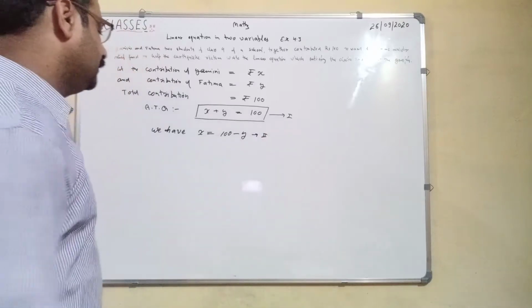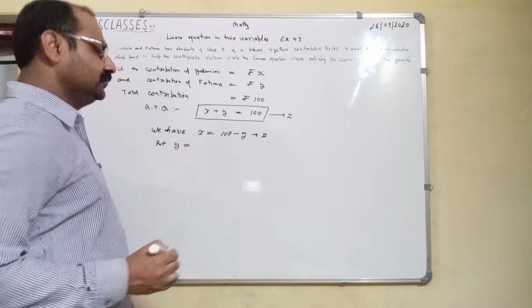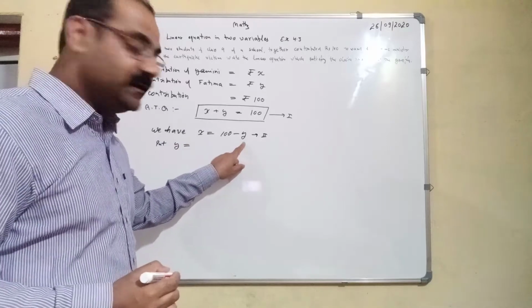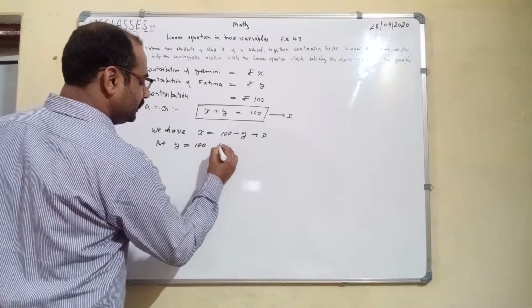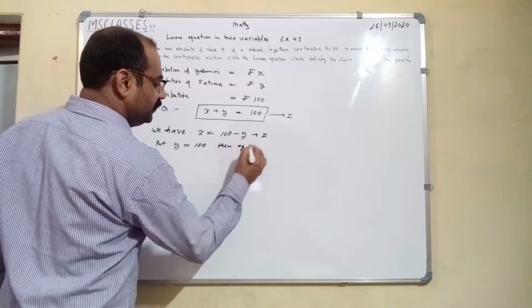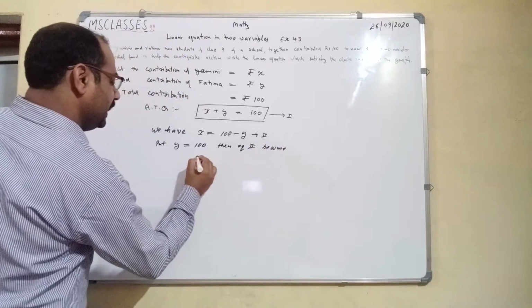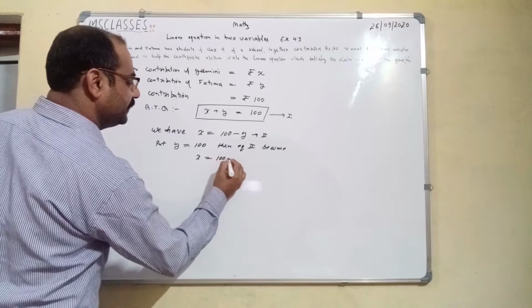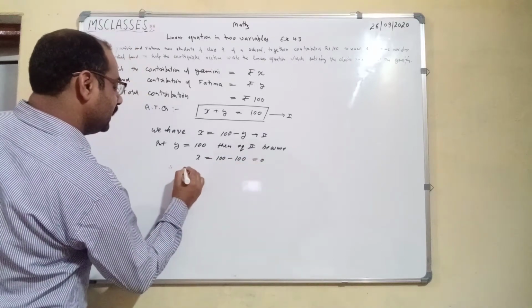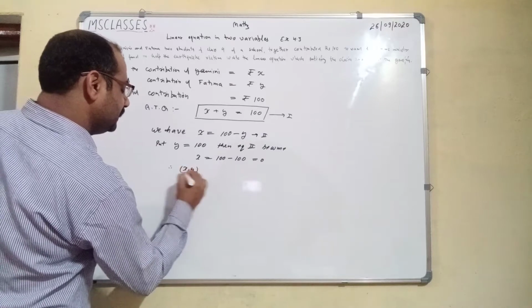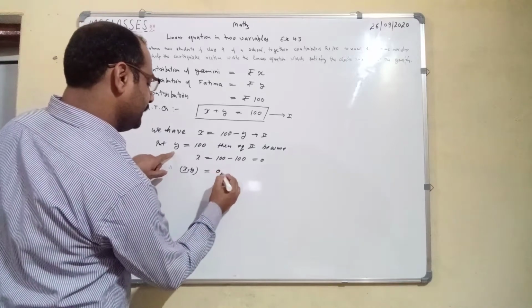Put Y is equal to 100, then X is equal to 0. Then equation 2 becomes X is equal to 100 minus 100 is equal to 0. Therefore X comma Y, your coordinate, is 0 comma 100.